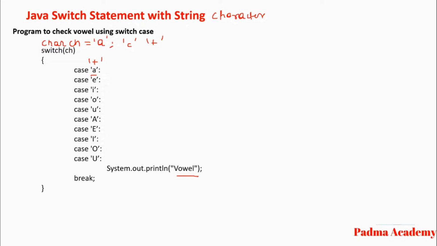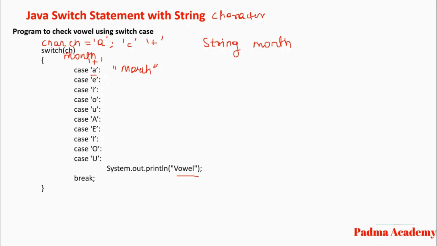So you can also check for a string. For example, one basic program for a string is, suppose, a string month. Then instead of ch you can replace it with month. Then instead of single quotation mark A, you can replace it with March.